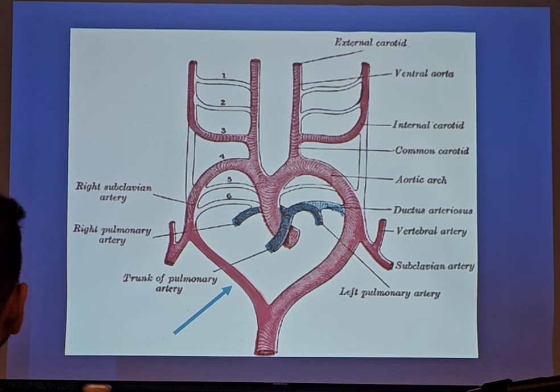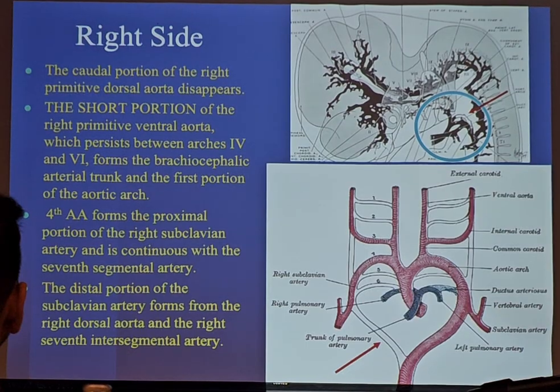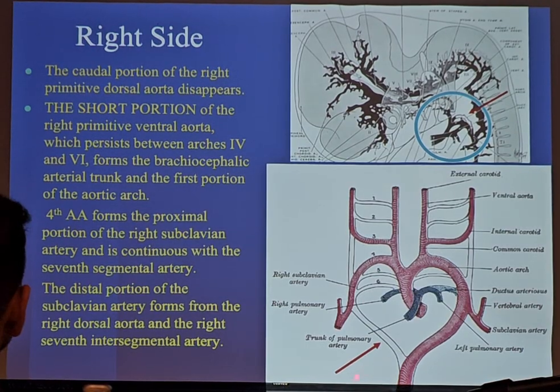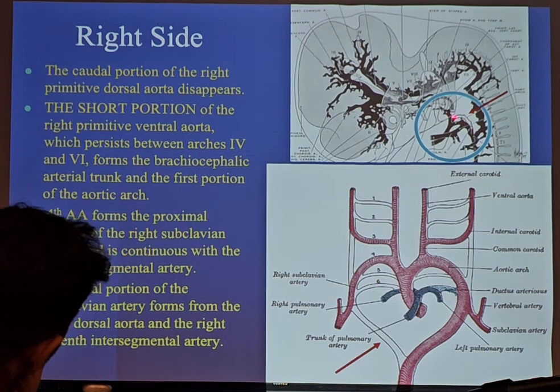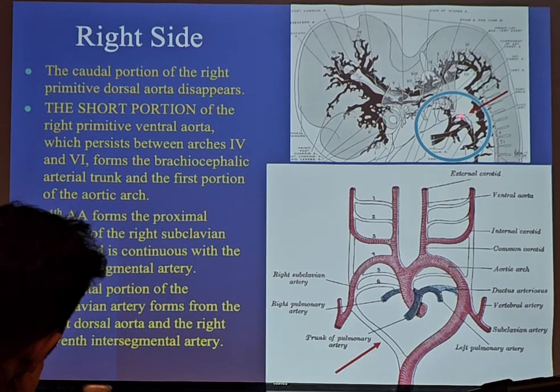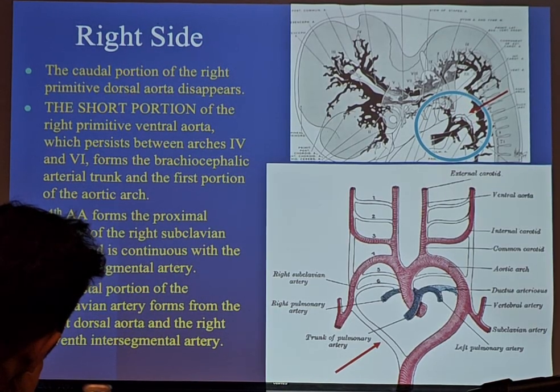So once this disappears, what arrangement do you have? Okay, you can see this third aortic arch. Okay, now continuing to the fourth aortic arch, right side. The dorsal aorta of the fourth disappeared and continues this way. Okay.